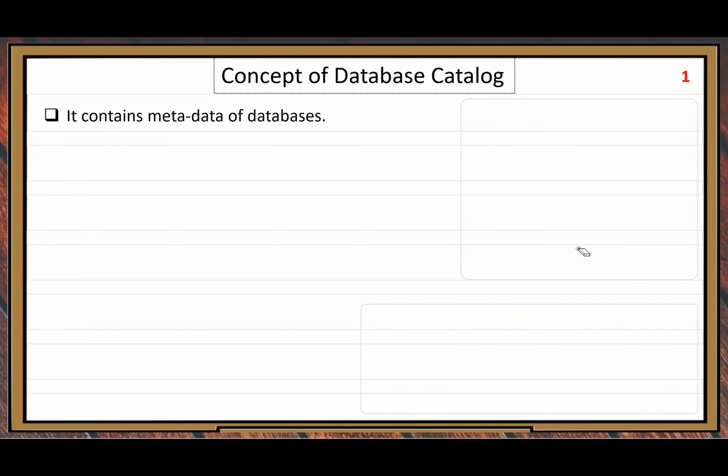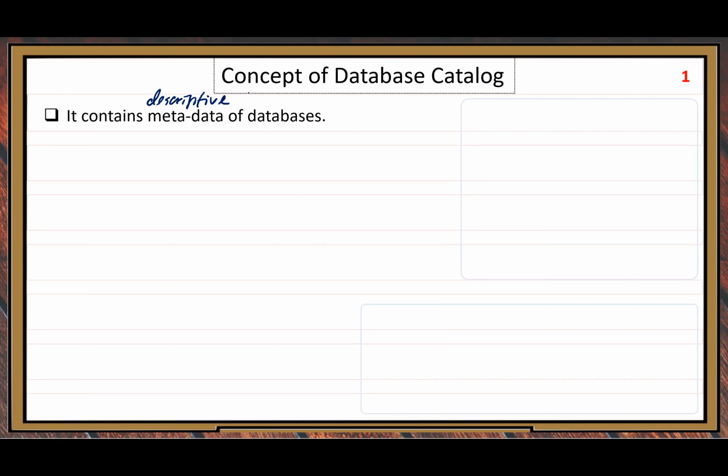Metadata means descriptive data. Let me write it again. Descriptive data. People also call it the data used to describe the data, or secondary data.